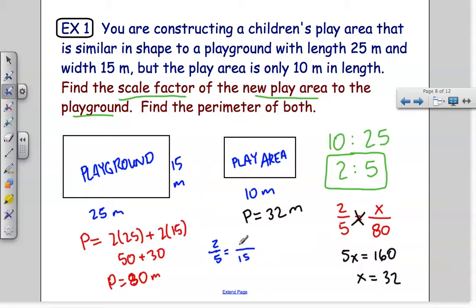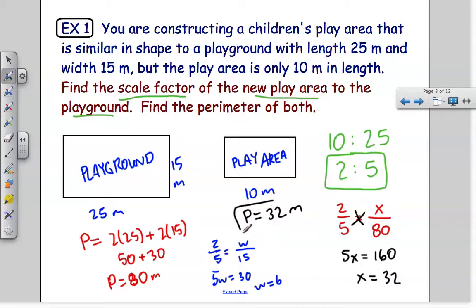And the play area, we'll call this W for width. I could cross multiply here and get 5W equals 2 times 15, or 30. Divide by 5, and I find that W is 6. And with the width of 6 meters, we have 2 10s, which is 20, and 2 6s, which is 12, and 20 plus 12 would be 32. So there would be another way to do this.